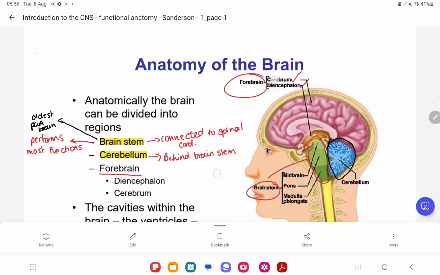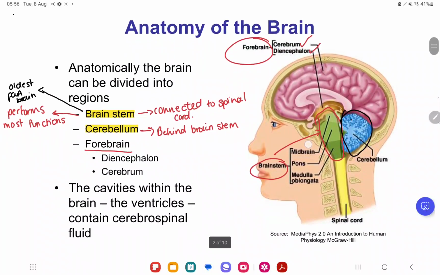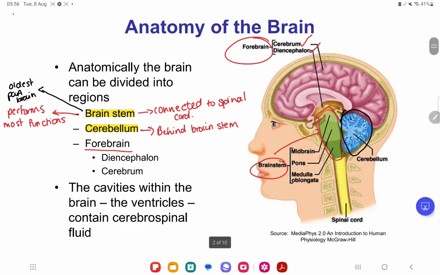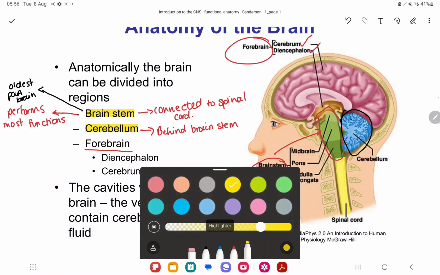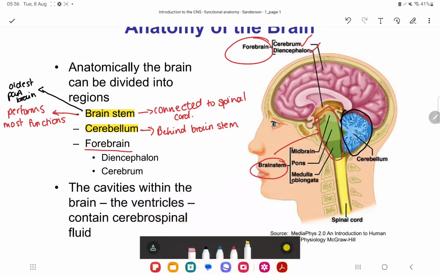So yes, that's the forebrain. It can be subdivided into the diencephalon or the cerebrum.